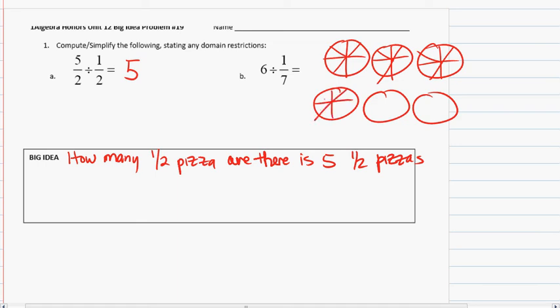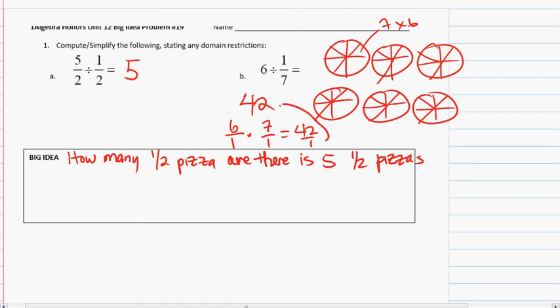I think you get my point here, is that I want to know how many sevenths of a pizza are in 6 pizzas. Well, I know in each pizza there's 7 sevenths times 6 pizzas, so there's 42. And yes, you can multiply by the reciprocal, remembering that 6 as a fraction is the same as 6 over 1, times 7 over 1 is 42 over 1, which is just 42.